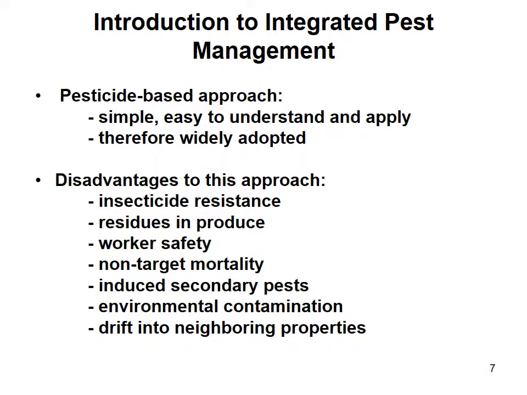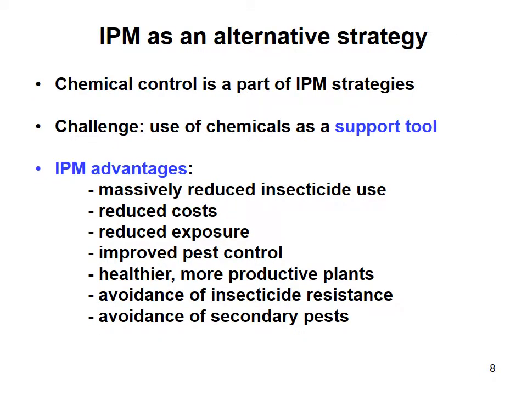And this different approach, IPM, was developed as an alternative. Now, keep in mind that chemical control is a part of IPM strategies, but the challenge here is to use chemicals as a support tool, not as the primary means of control.